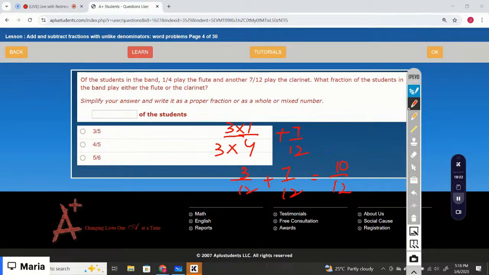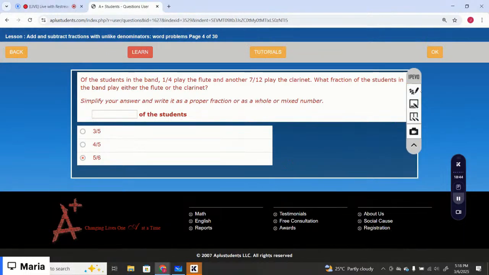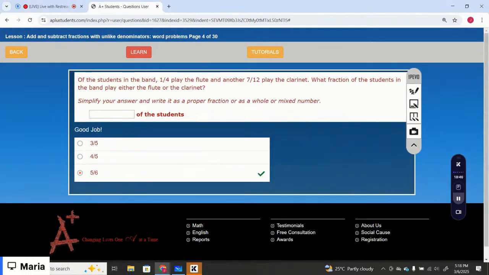That is 10 over 12. That is 5 over 6. Option number 3 is the correct option. That is 5 by 6.